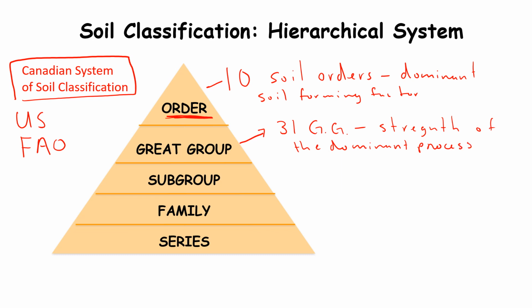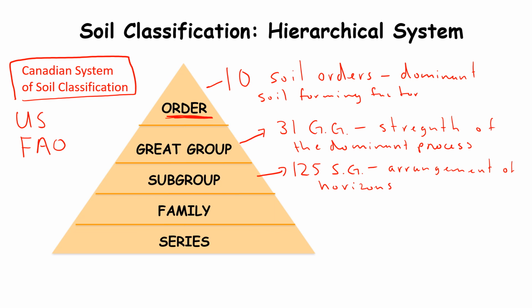And then the next group is called the subgroup. There are 125 subgroups in the Canadian system, and this represents the arrangement of horizons.